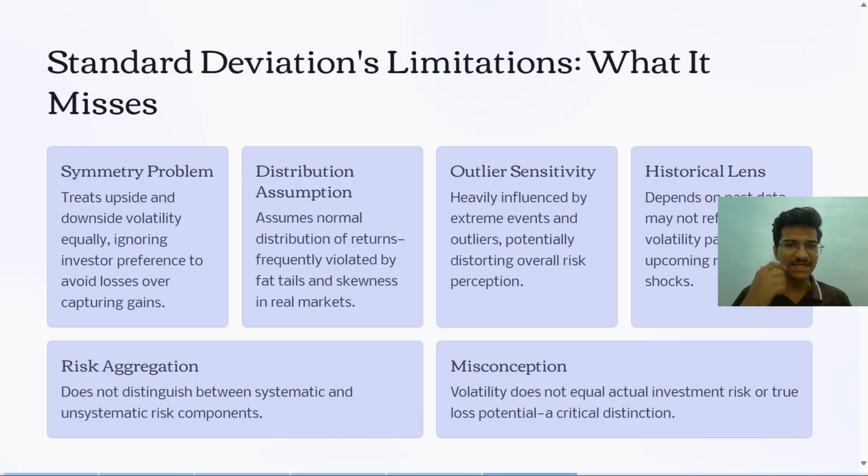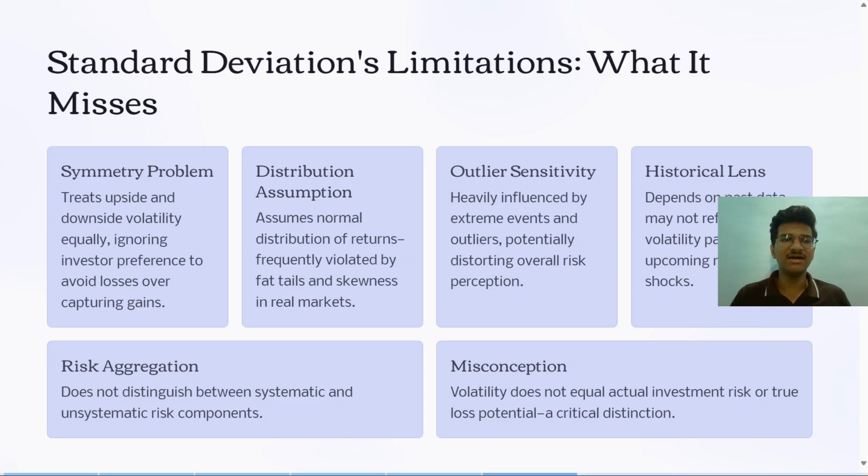Standard deviation treats all volatility equally. Whether the returns are above the average or below the average, it is equal for it. It just measures the difference between the starting point and the ending point without knowing what is positive and what is negative. But investors usually worry more about losses than gains.